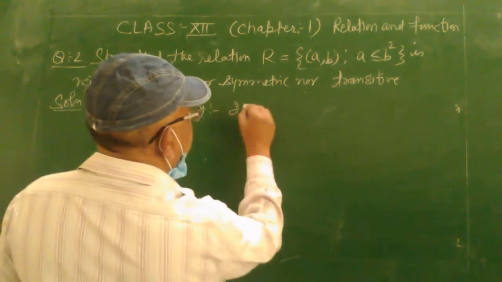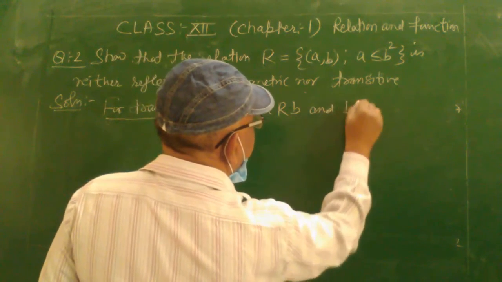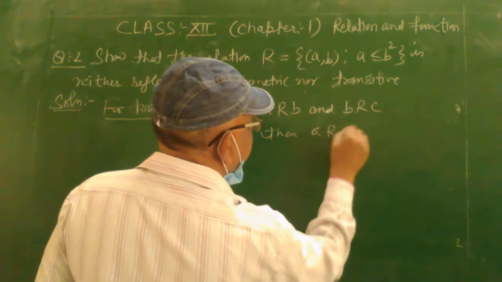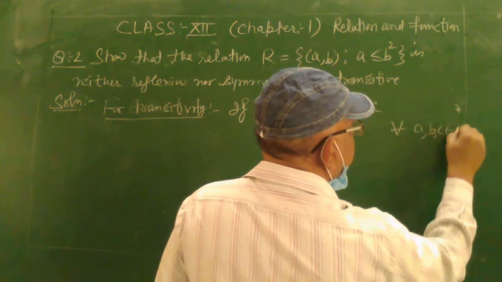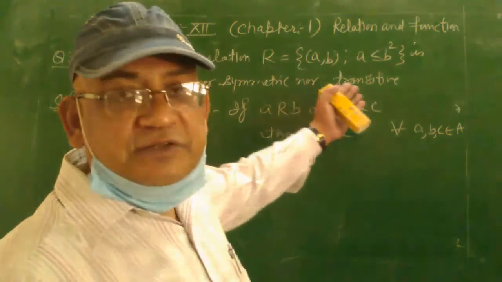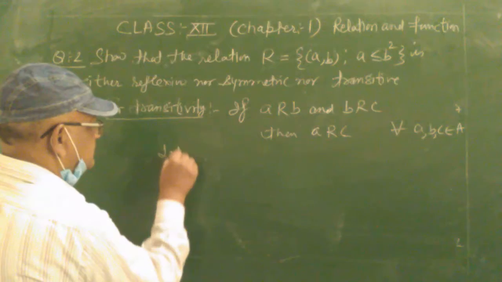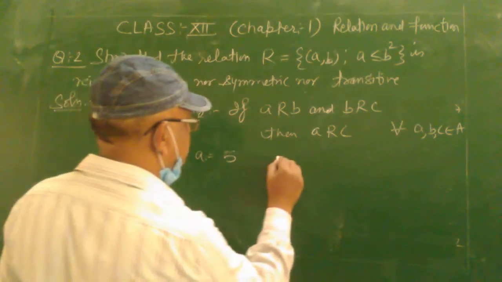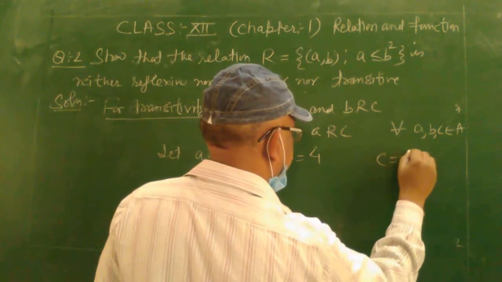If a is related to b and b is related to c, then a must be related to c for all a, b, c belonging to the set A. As we have to prove that it is not transitive, just take an example. So let a be equal to 5, b be equal to 4, c be equal to 1.